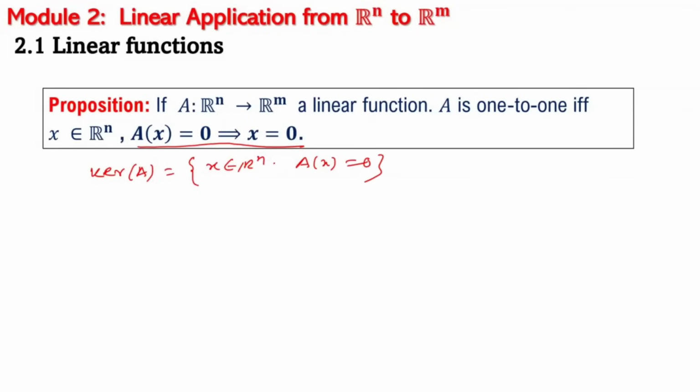In this case, it says that if A is a linear function and A is one-to-one, then Ax equals 0 implies x equals 0. This means the kernel of A will contain only the zero entry.